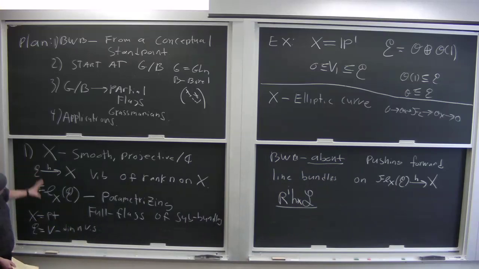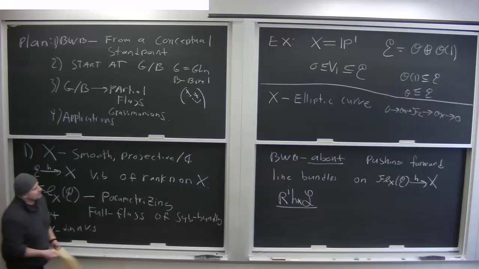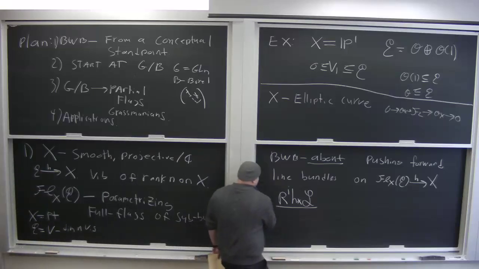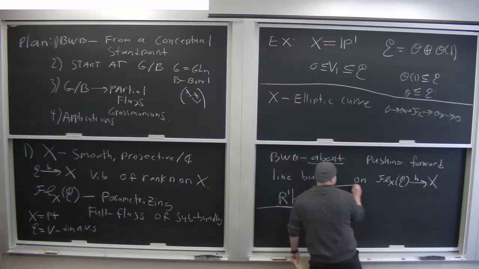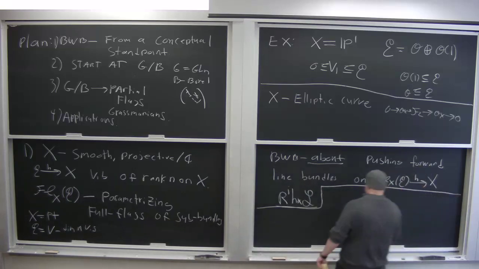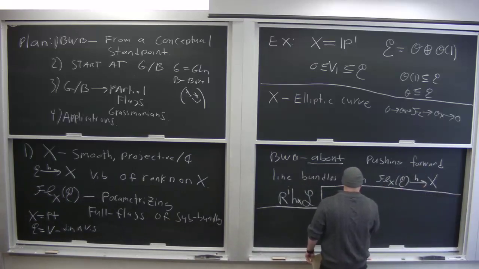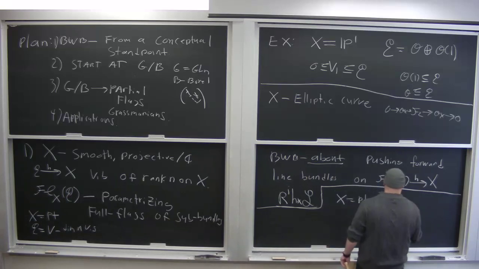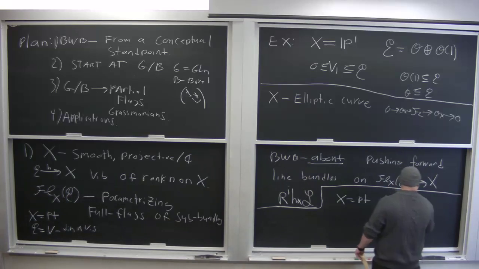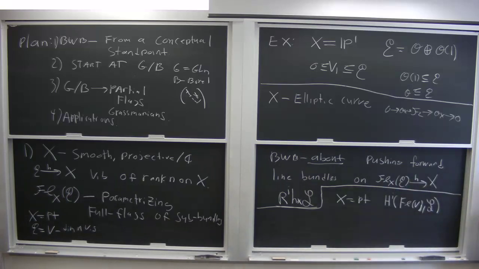Again, if we want to think about the case of most interest, if X is a point, then we're asking about the cohomology of line bundles on the flag variety.